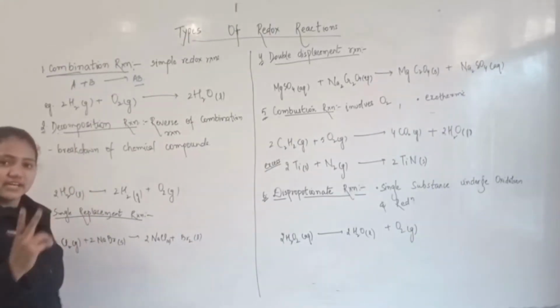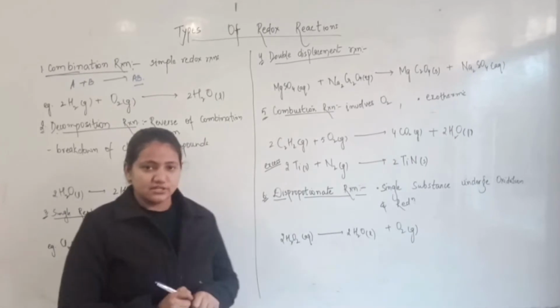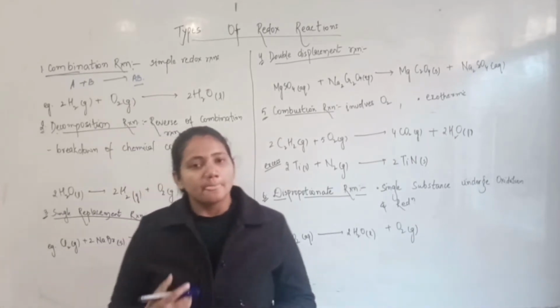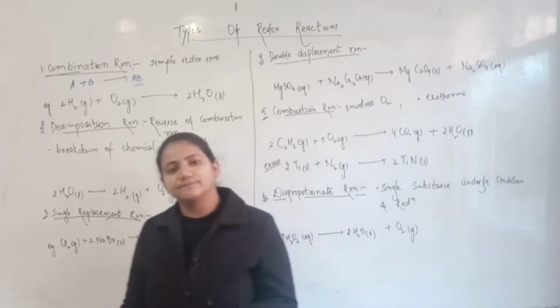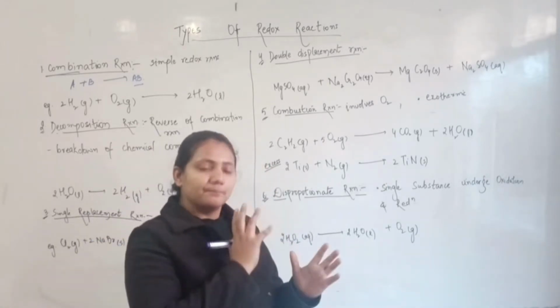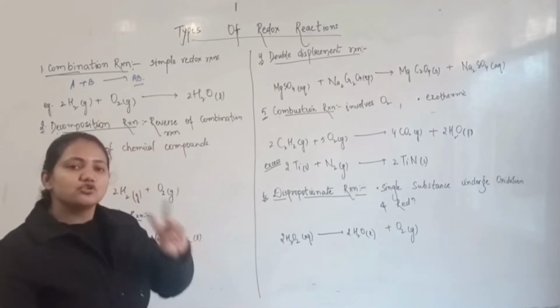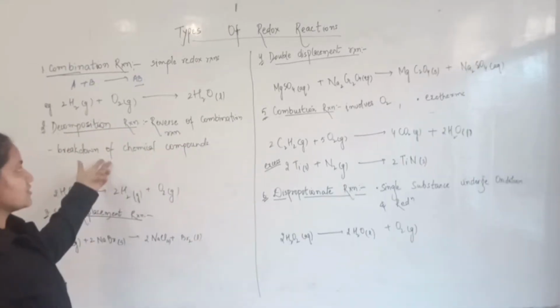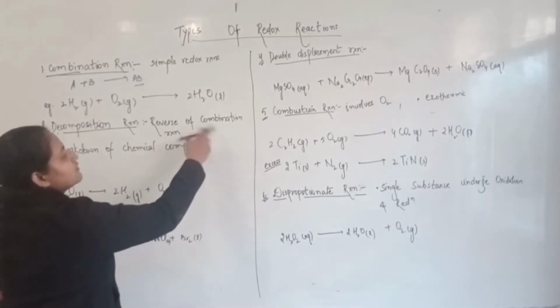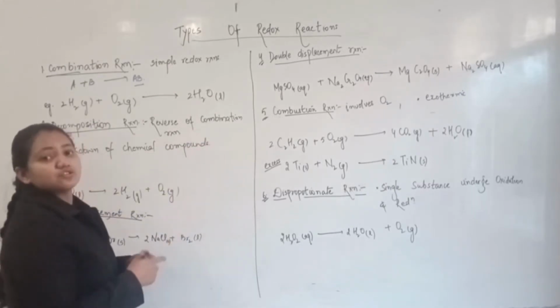Moving on, the second type of redox reaction is the decomposition reaction. We also know what decomposition is: the breakdown of something. So when a particular substance breaks down into its constituent elements, that is called the decomposition reaction. Basically, it is just the reverse of the combination reaction.